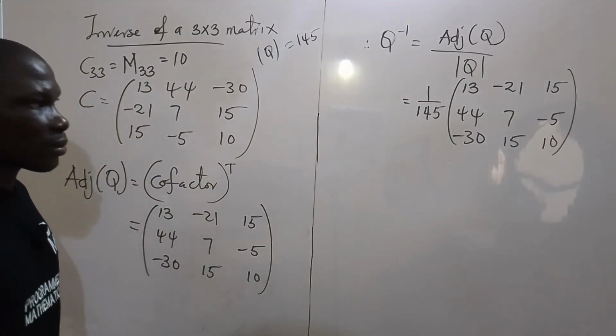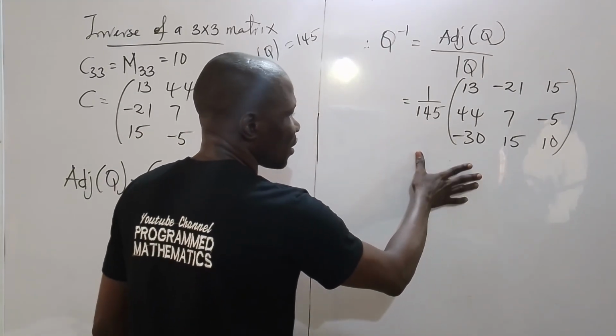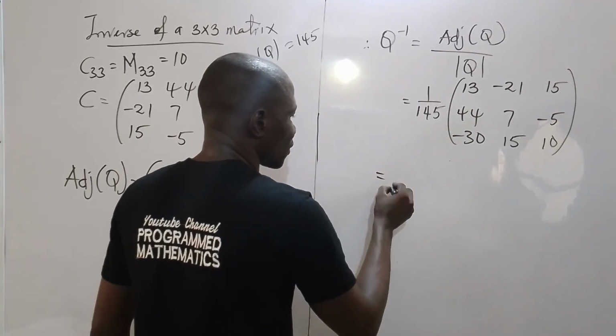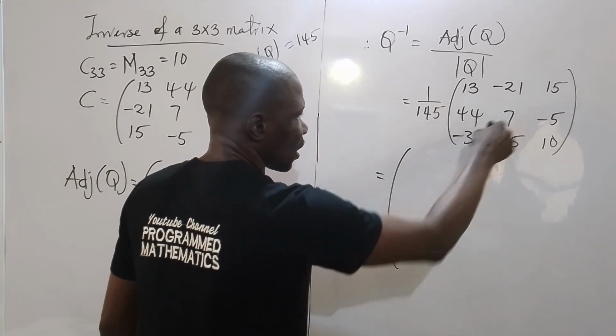Now don't forget, this is simple scalar multiplication. So we can open the multiplication by multiplying 1 over 145 by each element here.